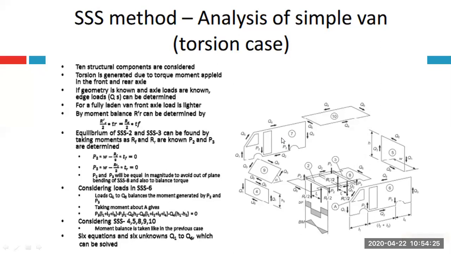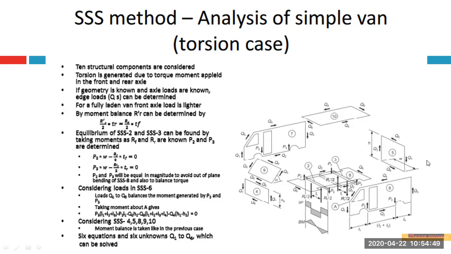Component number 8 is the floor of your vehicle body. Component number 9 is the windscreen. Component number 10 is the roof of your vehicle body. So from component number 2 till component number 10 we have covered.